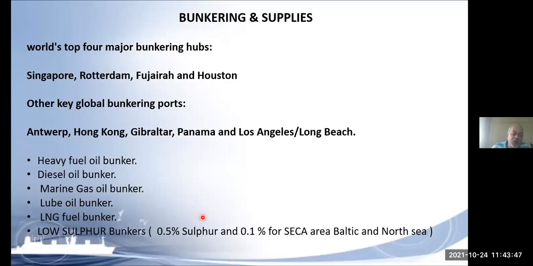Okay. Now what type of bunkers you require: one is heavy fuel oil bunker. Heavy fuel oil is one product before tar. When crude oil is refined, the tar is the last product, and one product before is heavy fuel oil. So it has so many impurities.